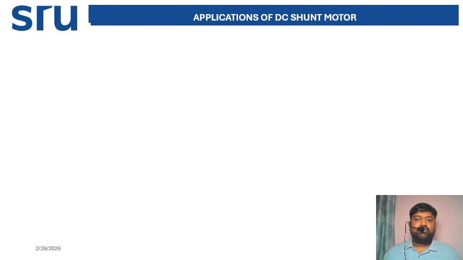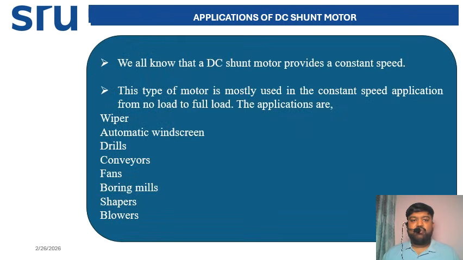Then comes the next, the application of the shunt motor. The DC shunt motor provides constant speed operation, so it is mostly used in constant speed applications from no load to full load. Examples are wipers and automatic windscreens, drills, conveyors, fans, boring mills, shapers, and blowers.